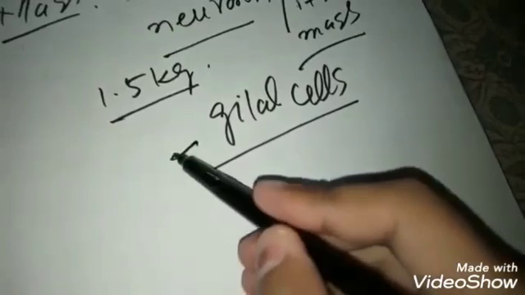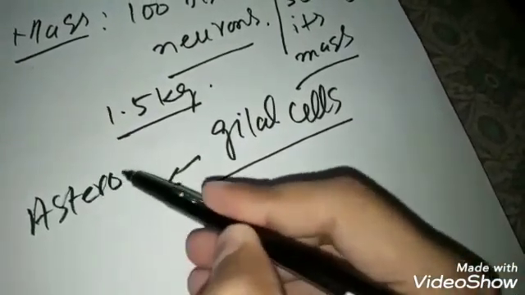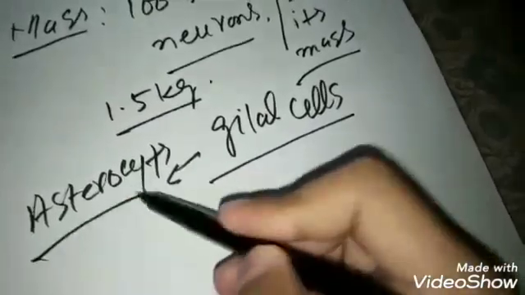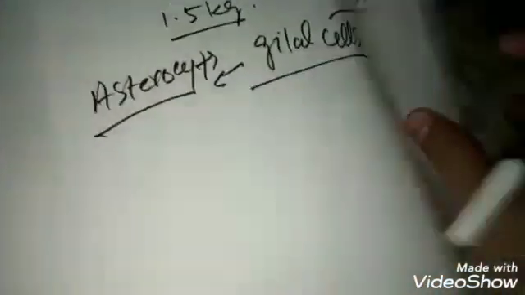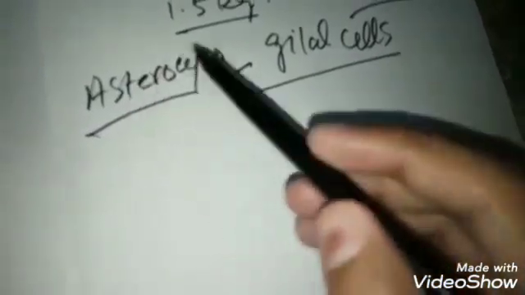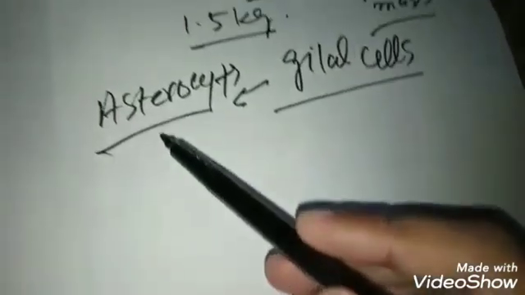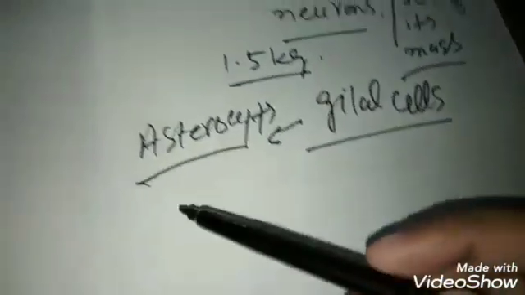They are another type of cell, more biologically called astrocytes. These cells perform a lot of functions for the brain. They protect neurons, nourish neurons, and make protein for neurons.